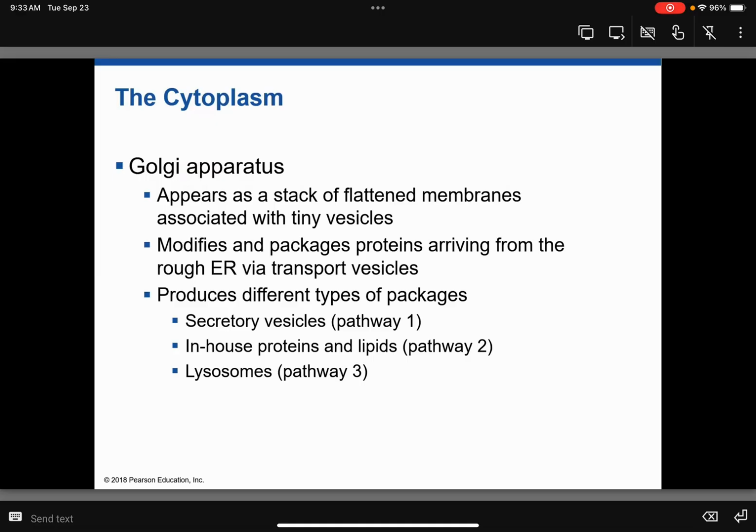Looking at that picture on page 70, you can see 3 different pathways of how a Golgi apparatus will package those proteins or those substances for different functions.